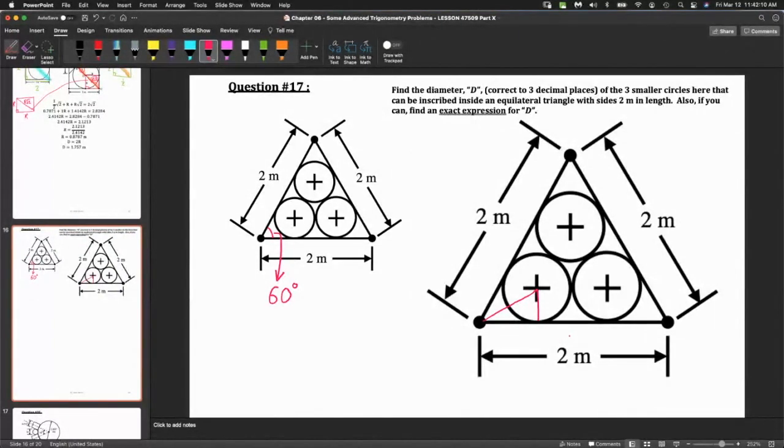Where did the 3 come from? Oh, the 3, it's because they're equal. All triangles add up to 180. Remember all the angles in a triangle add up to 180. So this is 60 because they're all equal. Here's my triangle. This little thing in the corner here is my triangle.